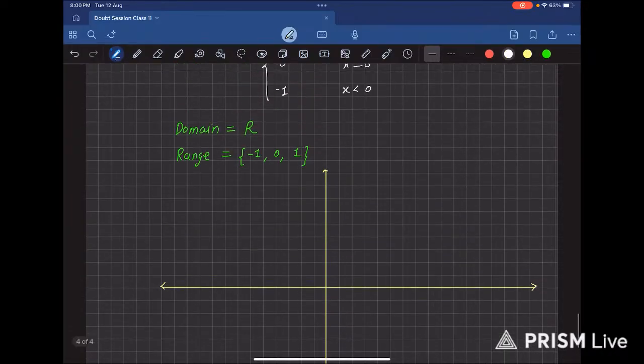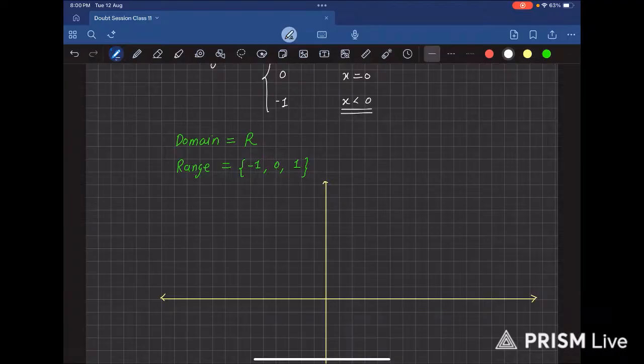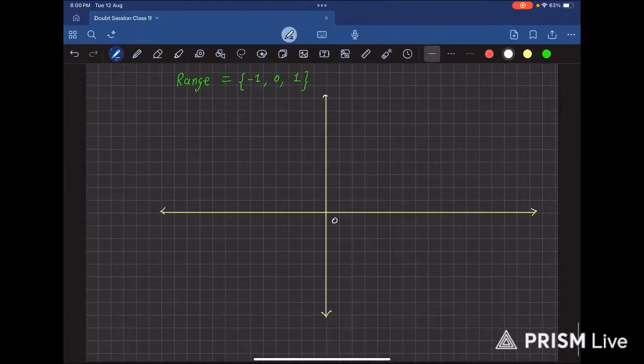For x less than 0, these values are less than 0. For these inputs, the answer is minus 1. So I'm making here plus 1 and here minus 1. So the answer is always minus 1. So I'll make a line here. But 0 is not included here, so I'll make a hollow circle.